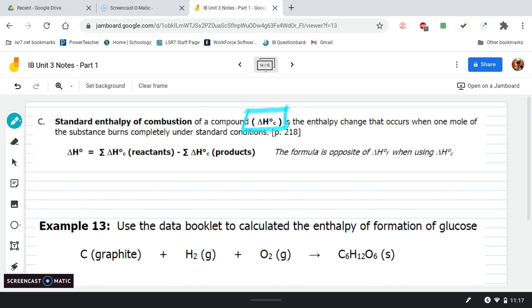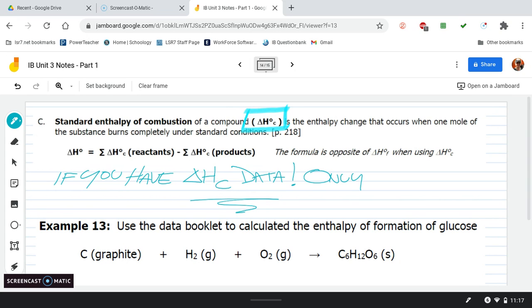So if you have combustion data, delta H sub C data, only, that's the only time we use this, okay? So if you have delta H sub C data, then we're going to use this formula.